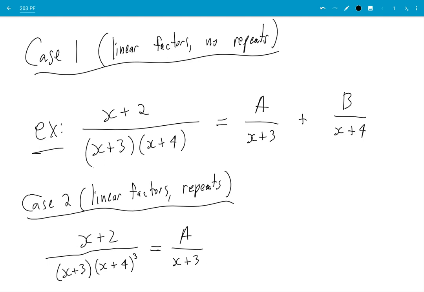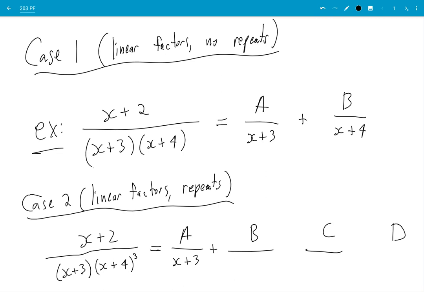So all I have to do is give it one letter. Now, because I have a cube right there as my exponent, that means I'm going to need 3 letters.